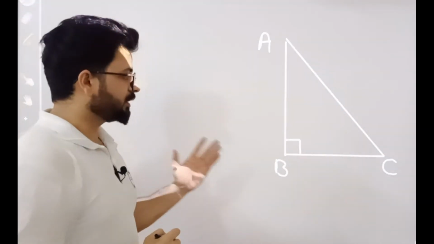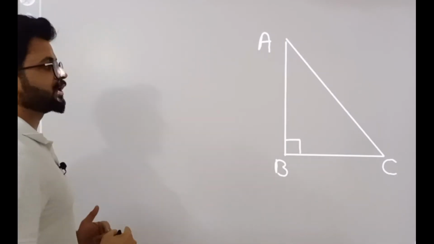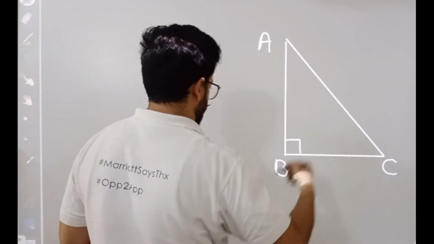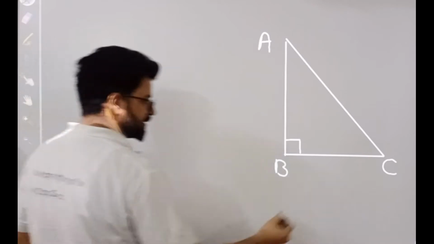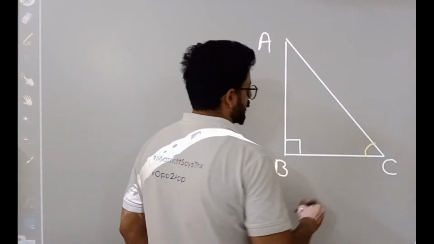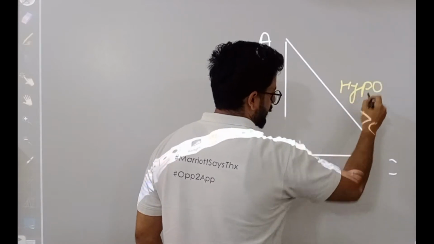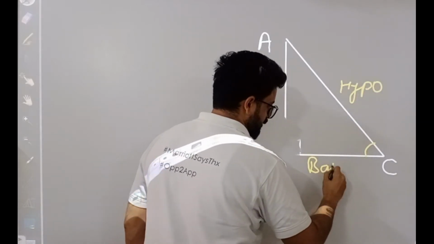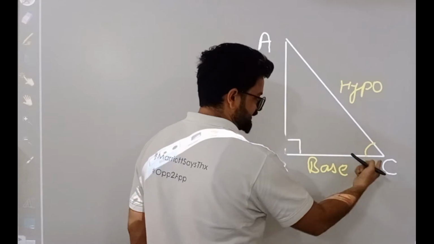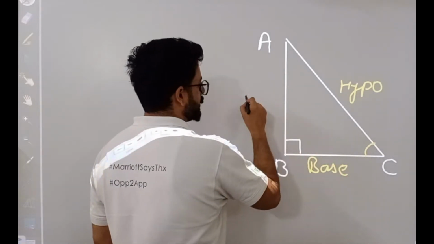In triangle ABC, we are talking about this angle C. I am writing here at first, this is hypotenuse and this is base, and if we are talking about the angle C, then this side will be perpendicular.